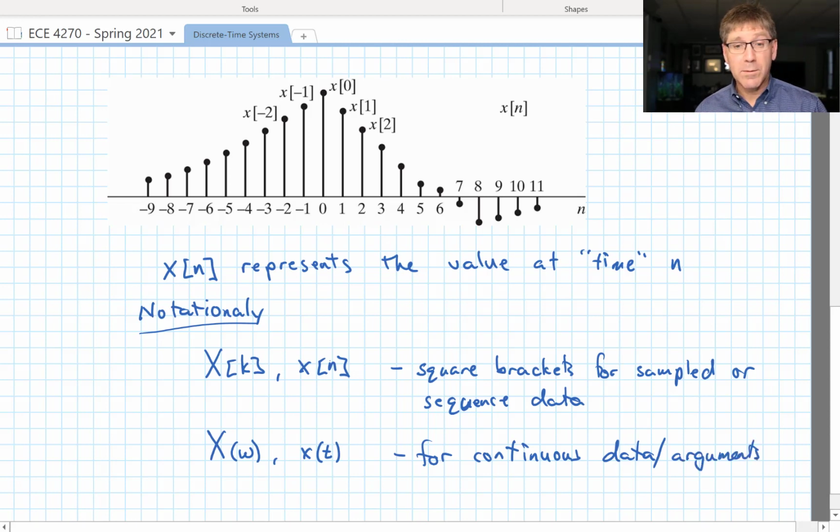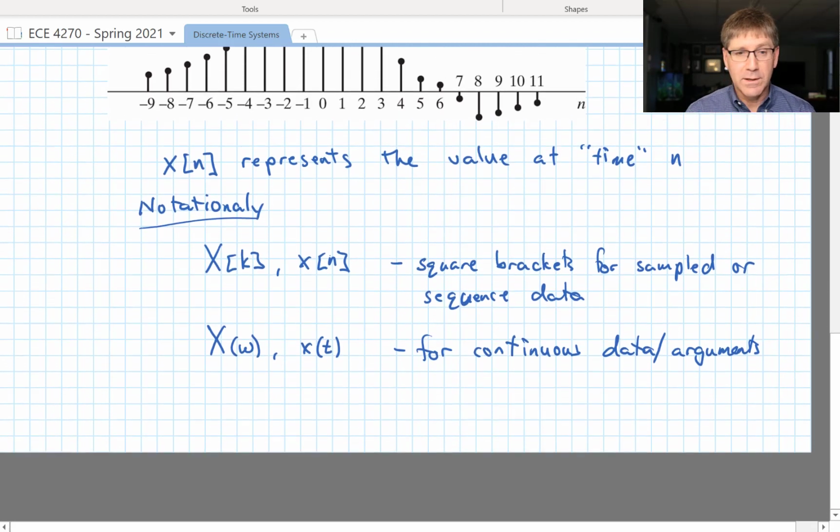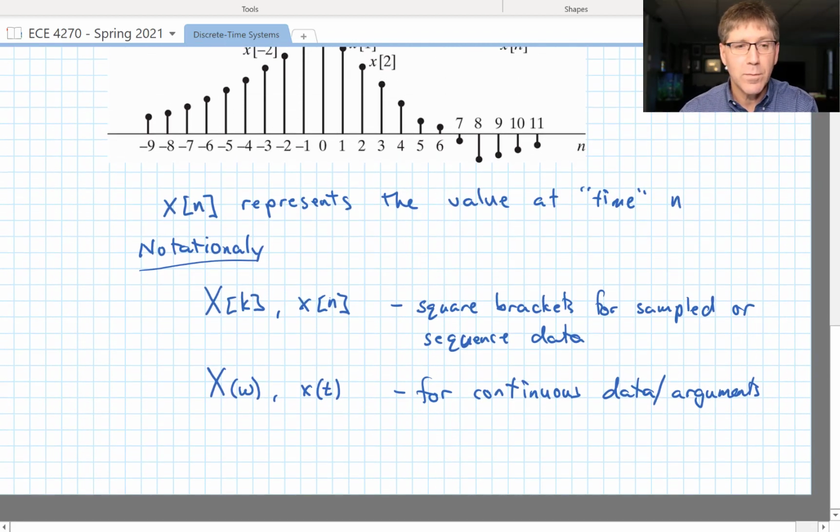I will try my best to be consistent with the textbook in this regard. I have noticed, though, that I try to write as quickly as I can so that you're not sitting here falling asleep while I'm writing. And the quicker I write, the more my square brackets look like anything but square brackets. So that's what I'll try to do. Square brackets mean discrete data, and parentheses mean continuous data.